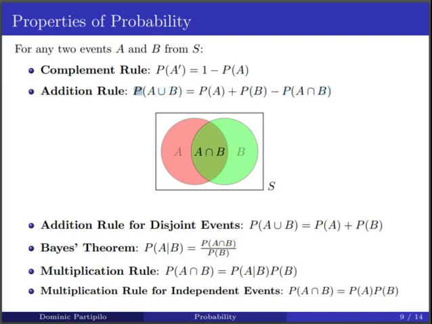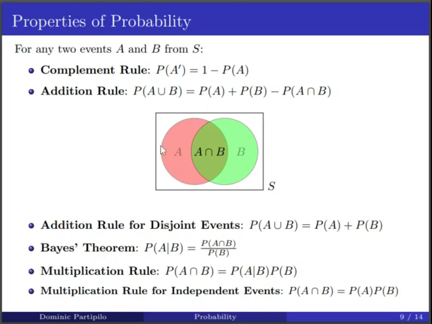So what we're looking for is the probability of A union B. This whole rectangle is the sample space S, and A union B is going to be this peanut-shaped object right here. Because the red circle is A, the green circle is B, and we want their union, meaning we want everything that's in A or in B, which includes their intersection, which is right here.